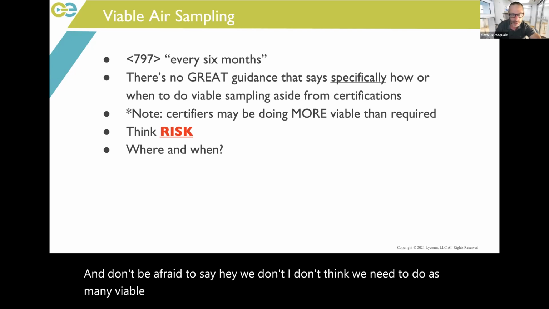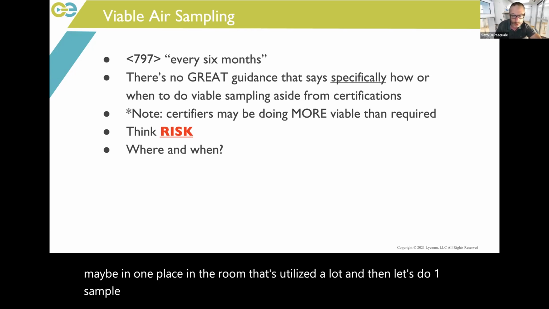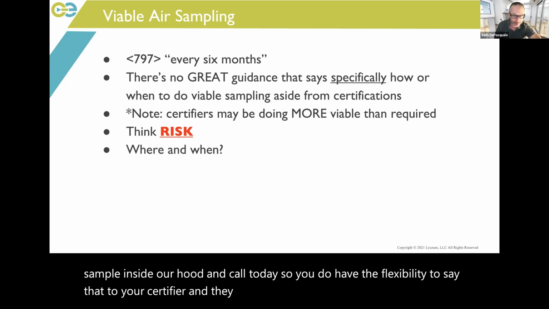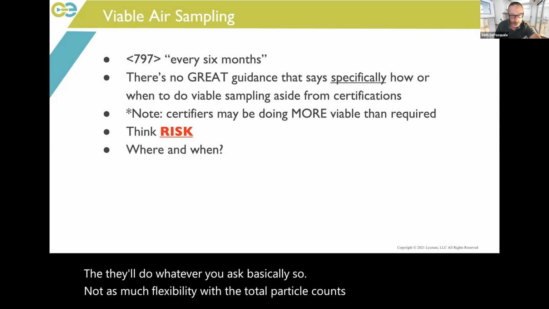Why don't we do viable samples in the room, like maybe in one place in the room that's utilized a lot, and then let's do one sample inside our hood and call it a day. So you do have the flexibility to say that to your certifier, and they'll do whatever you ask, basically. So not as much flexibility with the total particle counts, but with viable samples you do.